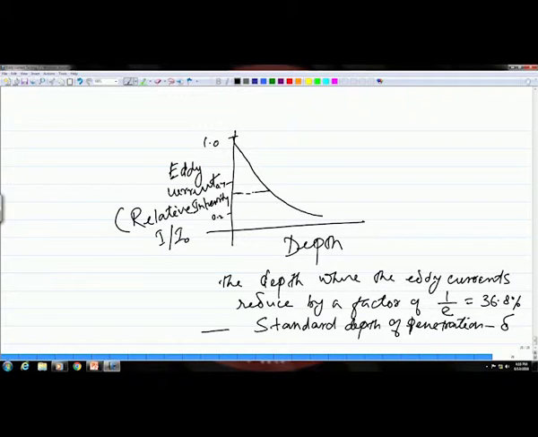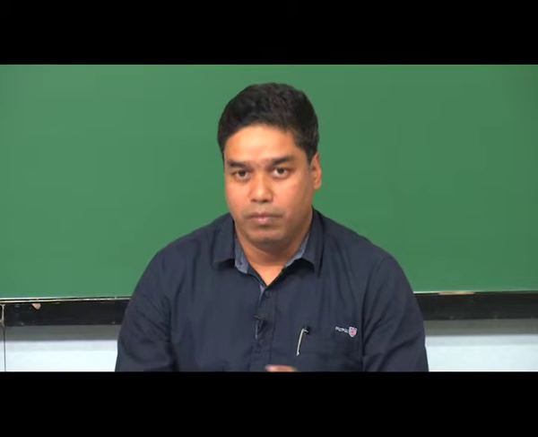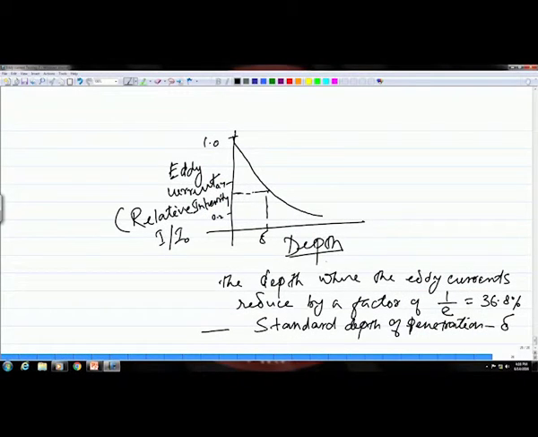Okay. So, this is the depth delta at which the eddy currents will reduce by a factor of 1 by E, or it will reduce by 36.8%. Okay. So, this depth is sometimes also normalized by the standard depth, and it is plotted with respect to the current at the surface.